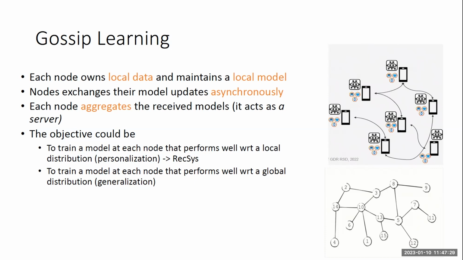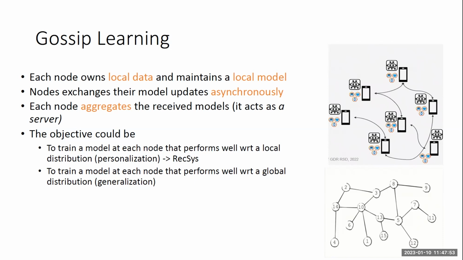And there could be many objectives that such a system could try to achieve. The objective could be to train a model at each node that performs well with respect to the user's local distribution. And this is basically what I would call personalization, right? So the idea is, I don't care about training a model that is good for my neighbor.